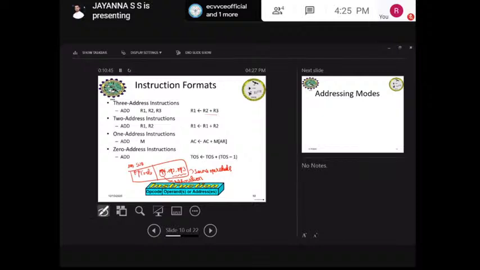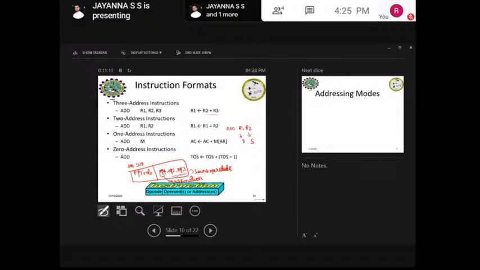Then when we consider 2 address instructions, it mainly consists of 2 operands. 3 address instruction means it contains 3 operands. A 2 address instruction means it contains 2 operands. Here add R1, R2 means R1 represents your destination operand and R2 represents your source operand.